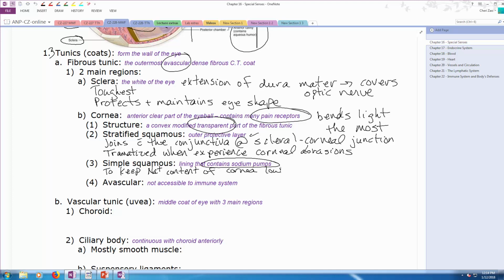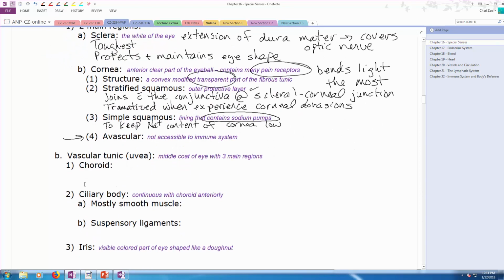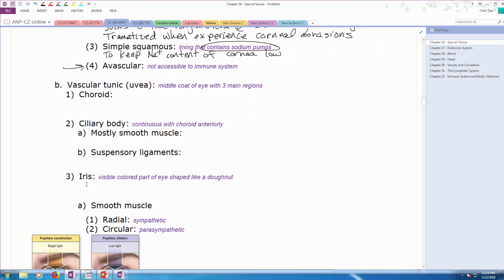The cornea is also just like the sclera, because it says our fibrous tunic is avascular. It's been reiterated, it is avascular. That also tells you that it's not accessible to the immune system. And this is really important because of this nature, avascular, and the immune system has never really encountered it.